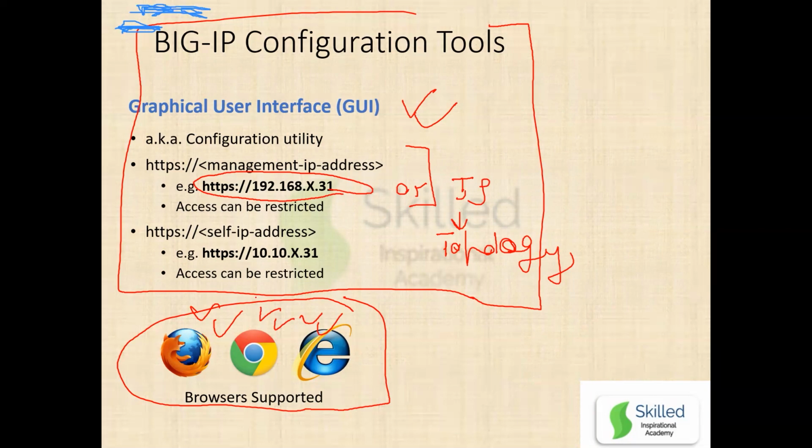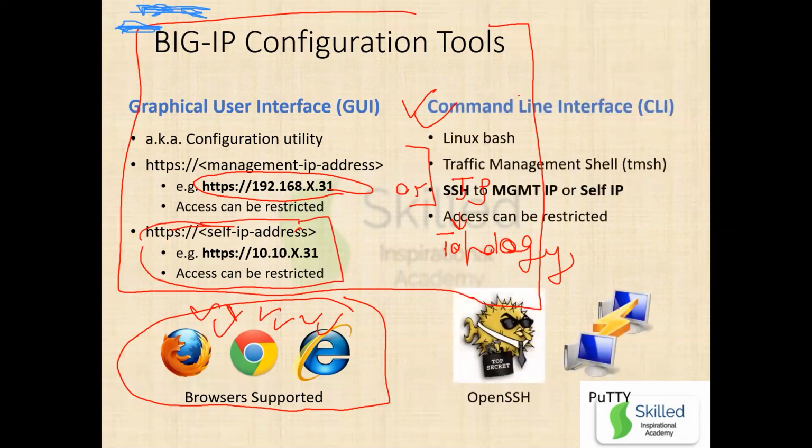You can also access your F5 through your external self IPs, which are mentioned once we configure them. You can also access your F5 through CLI. You can SSH to the management IP or self IP, using OpenSSH or the PuTTY tool.